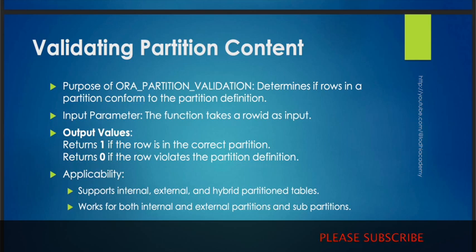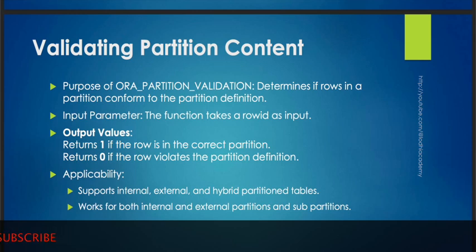Validating partition content. You can identify whether rows in a partition are conformant to the partition definition, or whether the partition key of the row is violating the partition definition, with the ORA_PARTITION_VALIDATION SQL function.